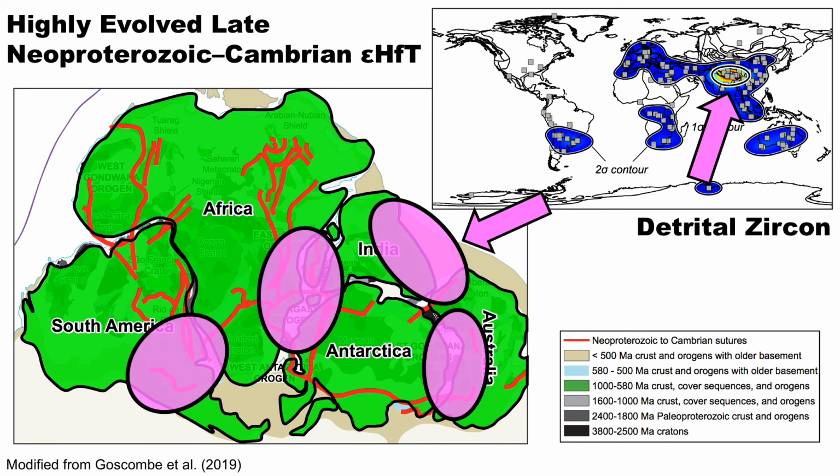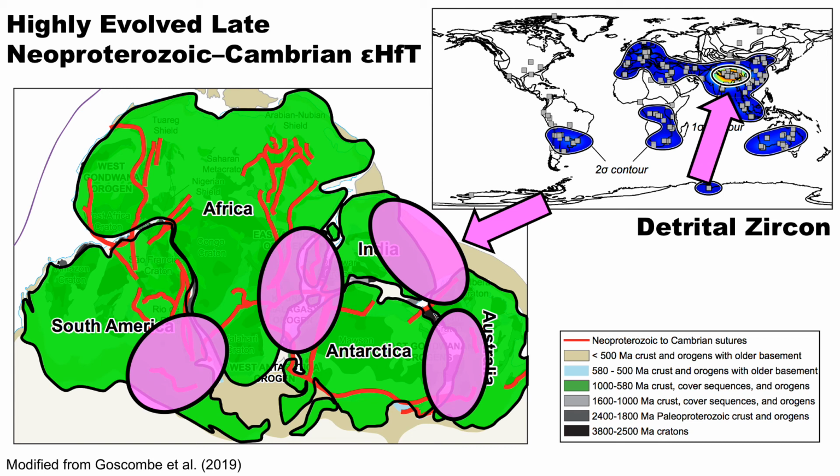Now, if we compare where we find highly evolved late Neoproterozoic to Cambrian epsilon hafnium values in the global database, for the detrital zircon record, which we're showing here, these are dominantly involved in Gondwana-related paleocontinents and continental land masses.